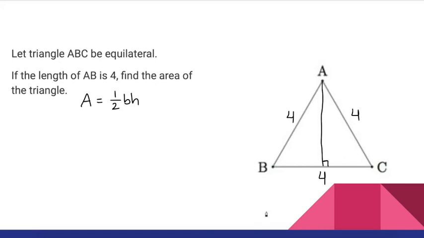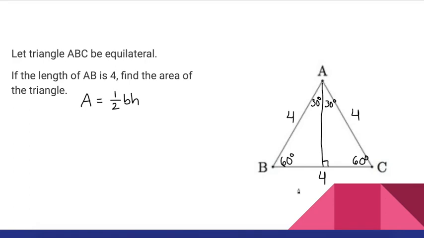So what do we know about the angles in an equilateral triangle that can help us out? Since an equilateral triangle has 3 equal angles, that tells us that the 3 angles in the original triangle must each be 60 degrees. So these bottom angles are both 60 degrees. And since the height bisects angle A, each of these smaller angles measures 30 degrees.